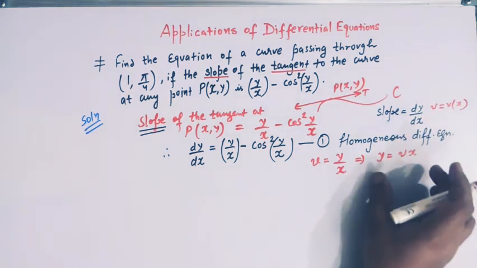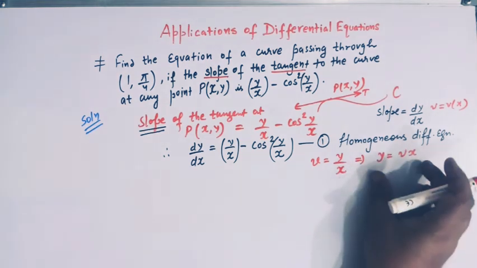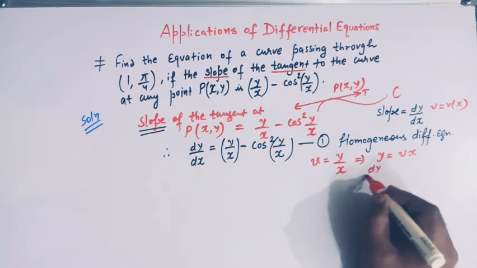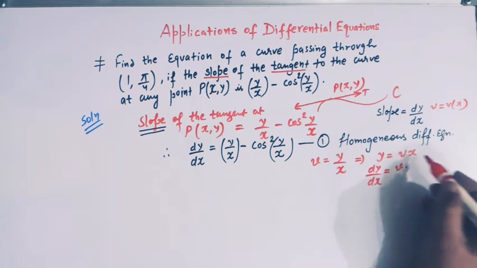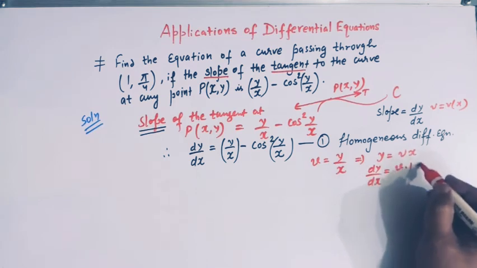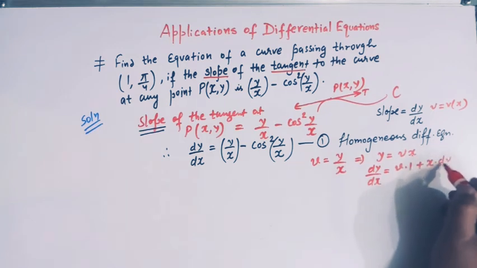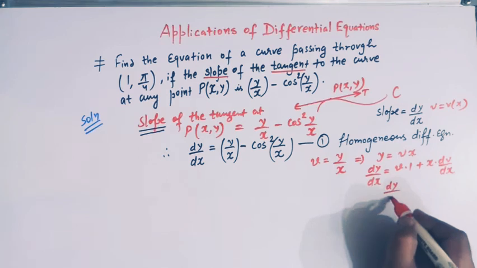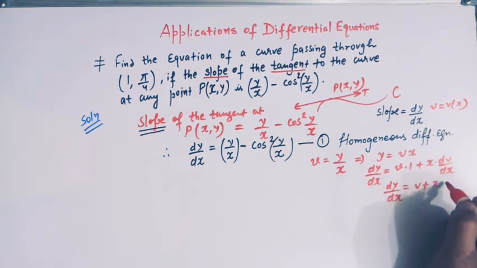Now differentiating both sides, we can write dy/dx = v times the derivative of x, which is 1, and then we have x times dv/dx. So dy/dx can be written as v + x dv/dx.